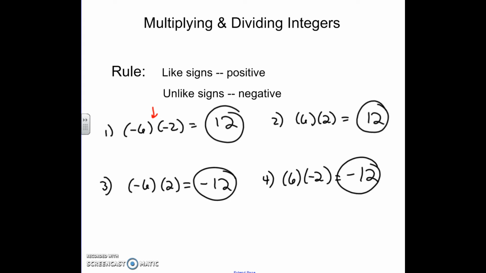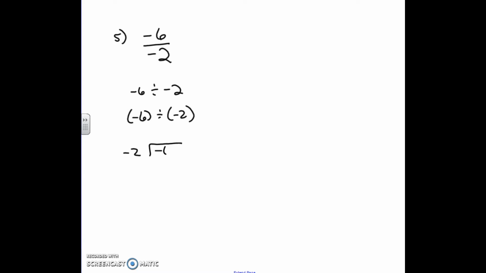Now multiplying and dividing follow the same rules. So when we divide, we look at our signs, like -6 divided by -2. Now this also can be written with a division sign, or in parentheses, or some people, old school, might write it like this.